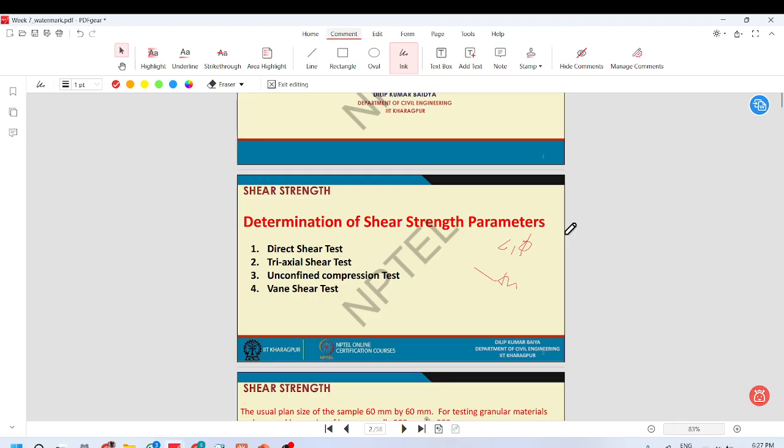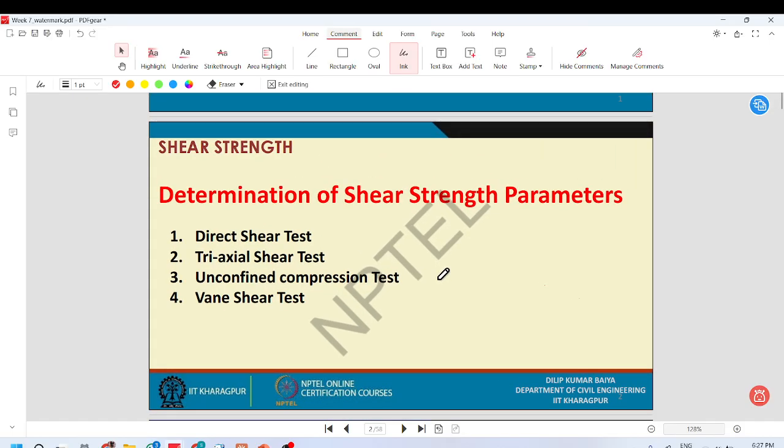Basically, these are not fundamental parameters, which we will discuss further. Why they are not fundamental is because when I tell you this is the C value and this is the phi value of a soil, you cannot say much about the soil from the C and phi value only.